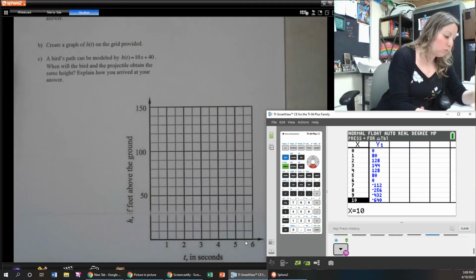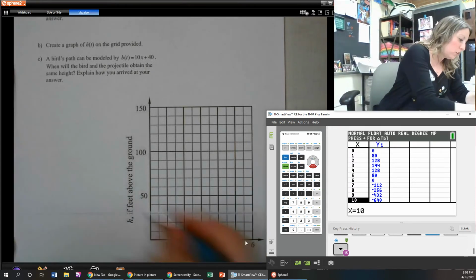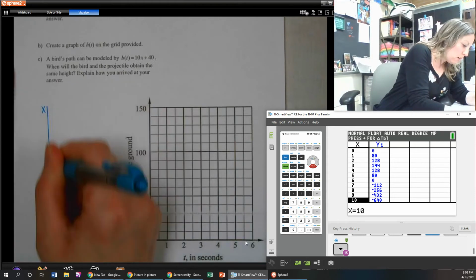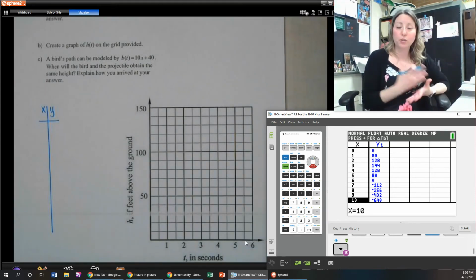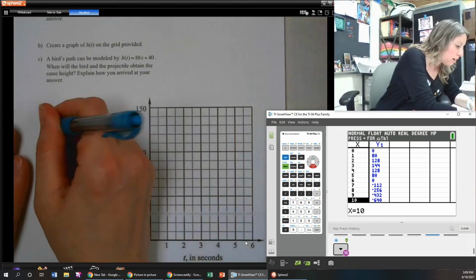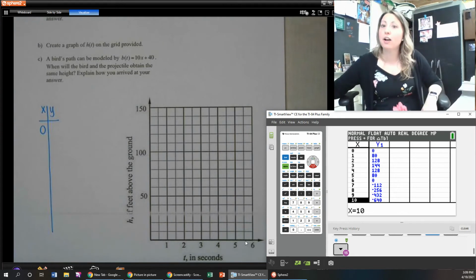And of course, we do know that t here is time in seconds, and notice how they've got it scaled where this would be half a second, and this is 1.5 seconds, and this is 2.5 seconds. Okay, so we've got it scaled that way as well. So let's get our parabola on here. And remember that since this is a real life scenario, we know that our x has to start at 0 for time. It's already innately in there for us.